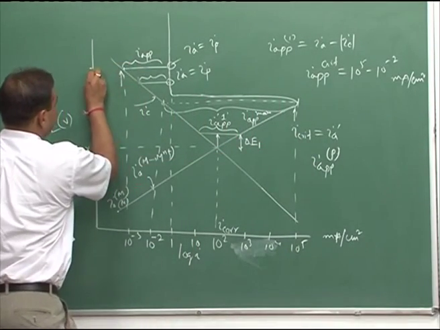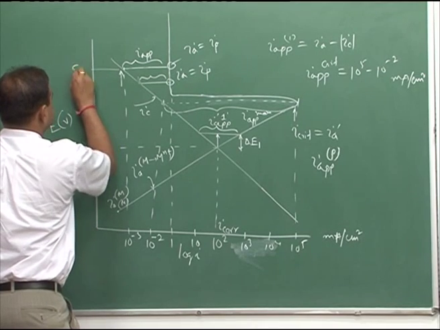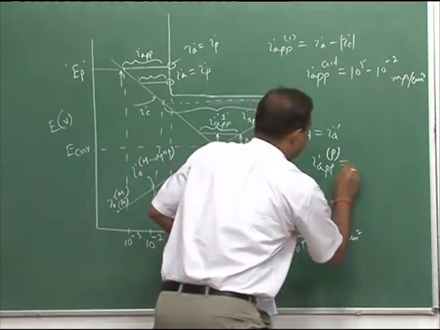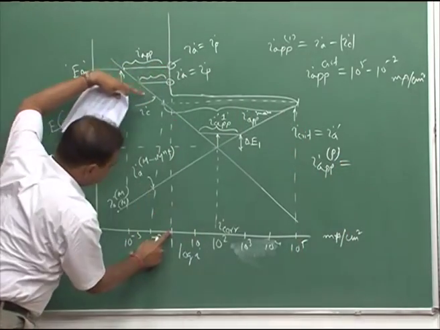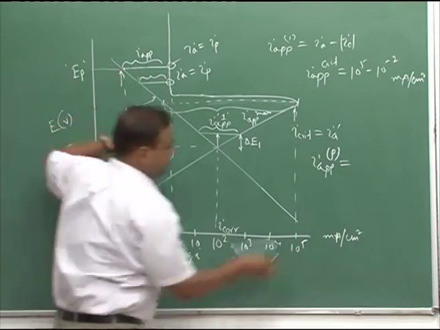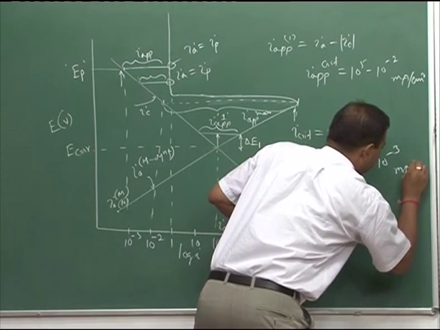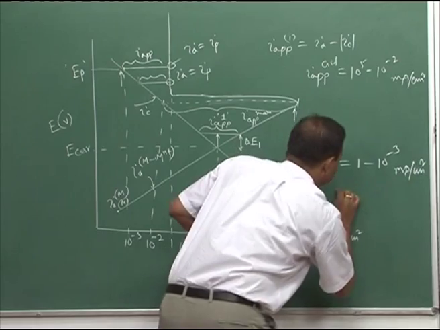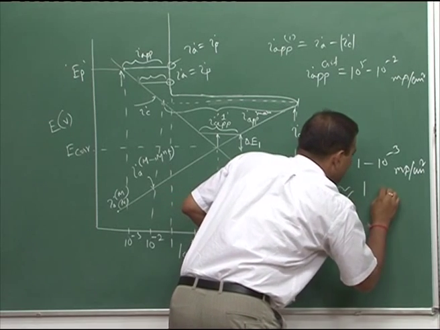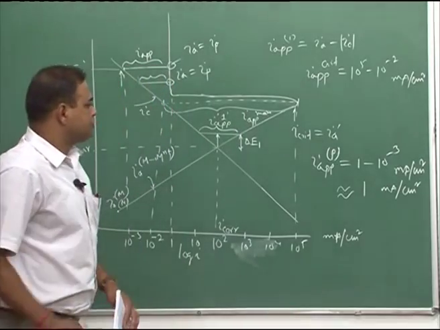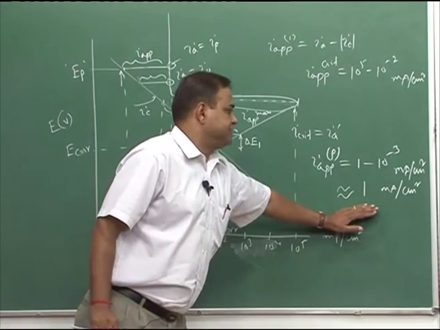This corresponds to EP, this is 1 and this is 10 to the minus 3. So, 1 minus 10 to the minus 3 milliampere per centimeter square, which is almost equal to 1 milliampere per centimeter square. So, that means it is a very, very small current density.